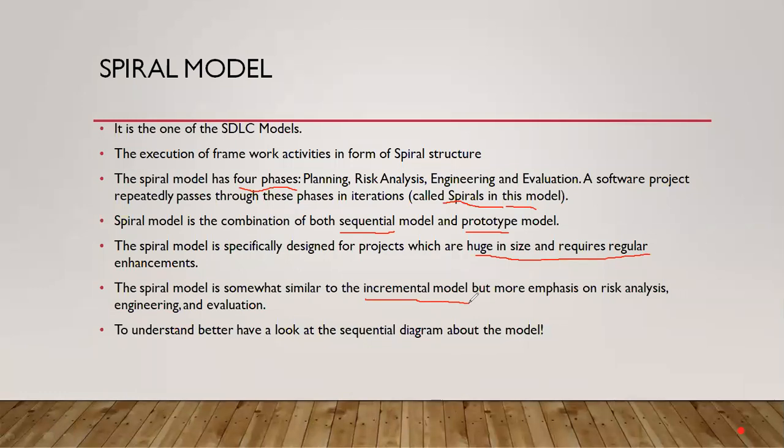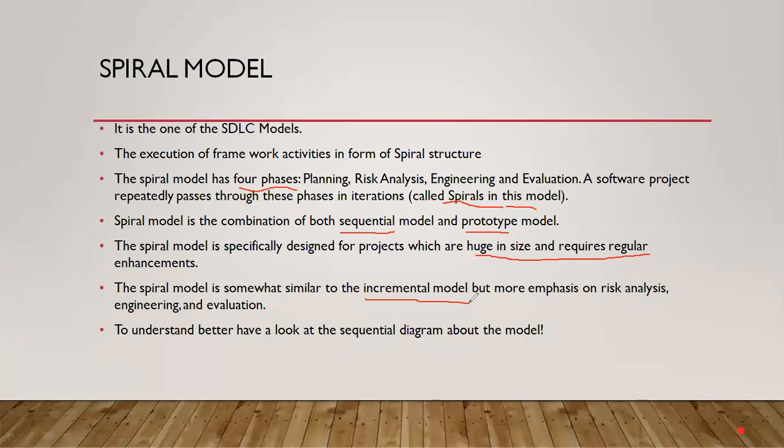The incremental model has the features of the sequential model, and it has the features of the evolutionary model, which means the prototype model. The spiral model is a combination of almost three process models: one is waterfall, one is incremental, and another is prototype.